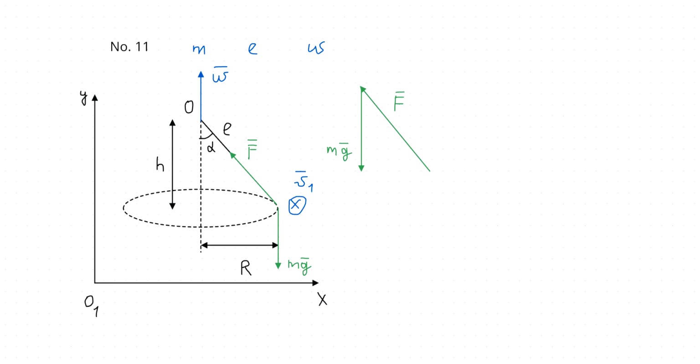And the sum of these two vectors will be here. It will be something like Fn.